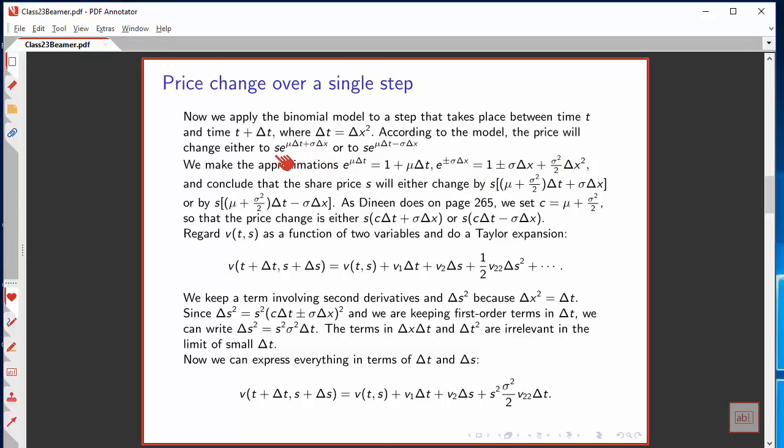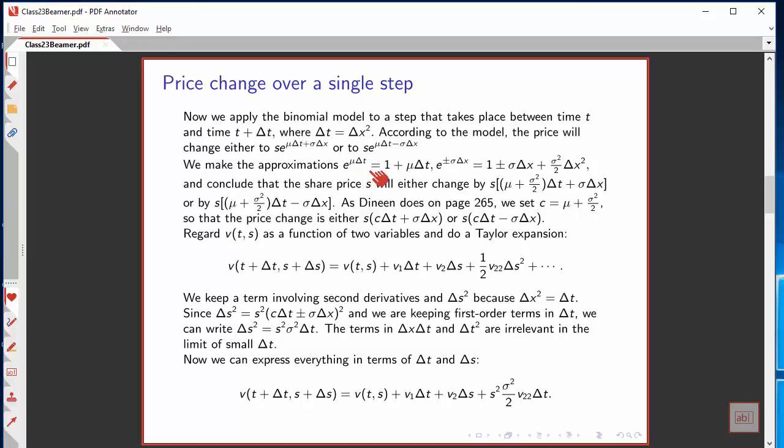To be precise, the binomial model will change the price from s either to a higher price, where we multiply by the exponential of mu delta t plus sigma delta x, or to a lower price, where we're taking the exponential of mu delta t minus sigma delta x.